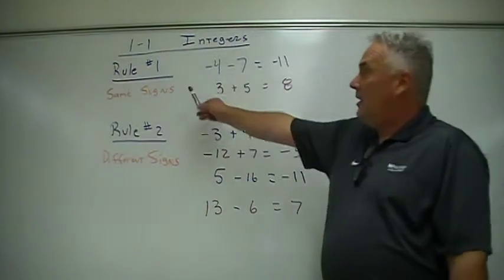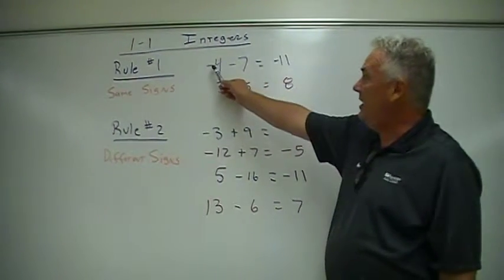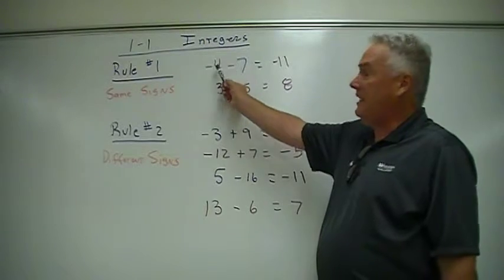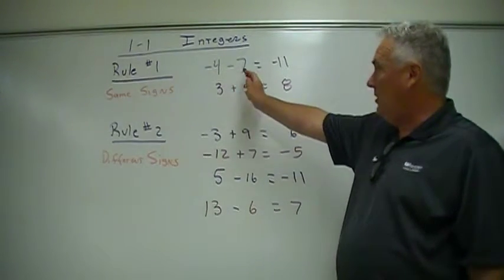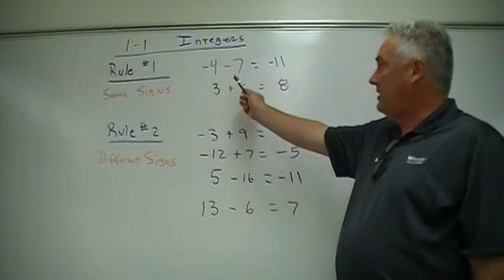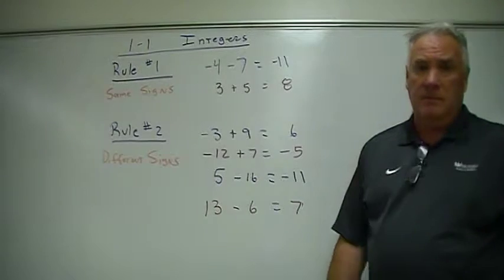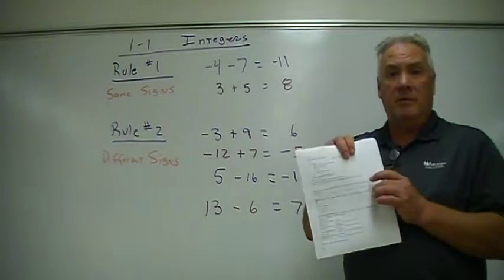Rule number 1 is when we have same signs. And what that means is right here, -4 minus 7. It means that we have a minus attached with each numeral. The numeral 4, the numeral 7. When the signs are the same, as you will see on your paper, I'm following along with your notes.